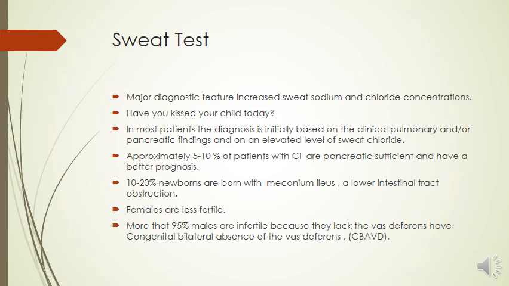Females who have the disorder are less fertile, and more than 90% of males are infertile because they lack the vas deferens, a condition called congenital bilateral absence of the vas deferens, or CBAVD.